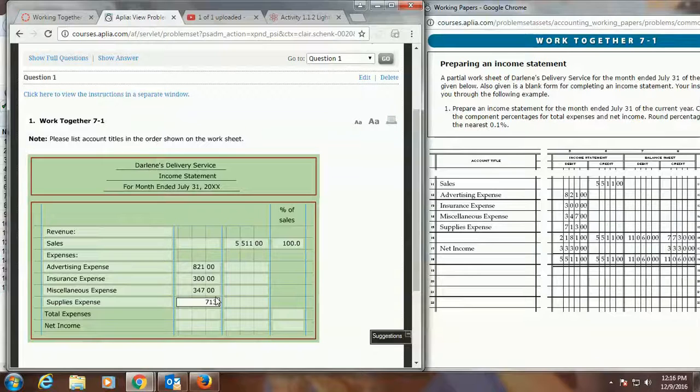So $821 for advertising expense, $300 for insurance expense, and $347 for miscellaneous expense, and supplies of $713. And then I'm going to total this column. Notice it puts a single line. That means that you added the numbers above it. And if I did this quickly, or I can go to this worksheet and see the totals already there of $2,181.